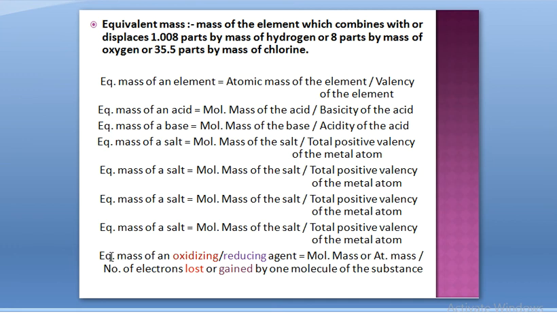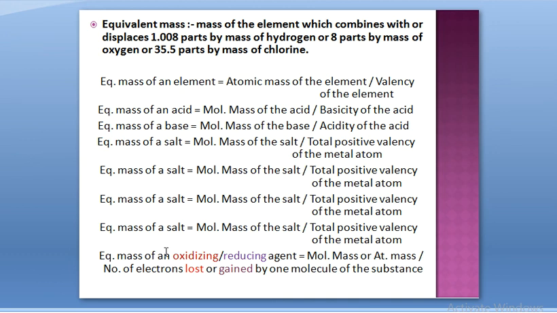Sorry. Then equivalent mass of an oxidizing or reducing agent will be molecular mass or atomic mass, उस oxidizing or reducing agent का molecular mass or atomic mass. It can be a molecule, it can be an atom. Divided by number of electrons lost or gained by one molecule of the substance.